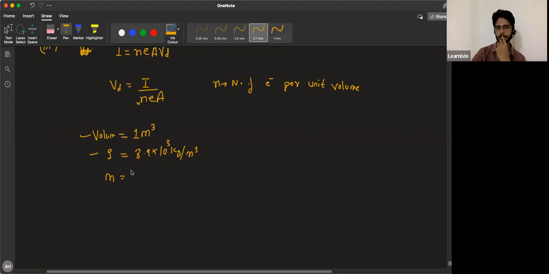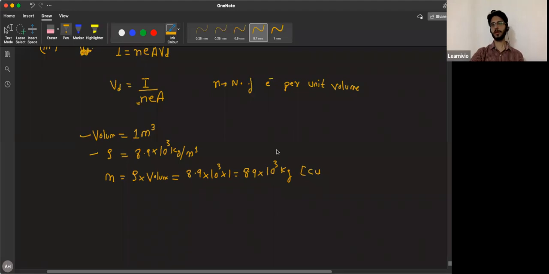Sir, density is mass upon volume. The mass will be density multiplied by volume. So it's 8.9 into 10 raised to the power 3 into 1, which is 8.9 into 10 raised to the power 3 kg. This is the mass of copper.